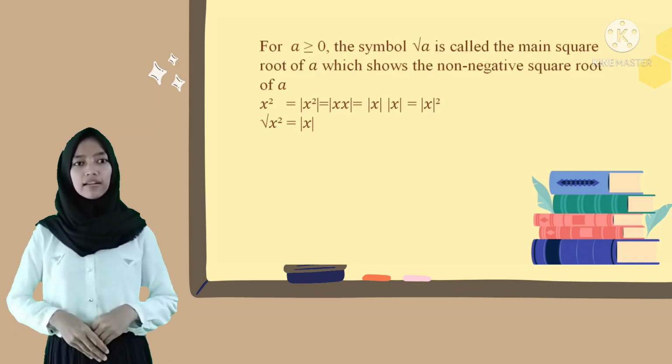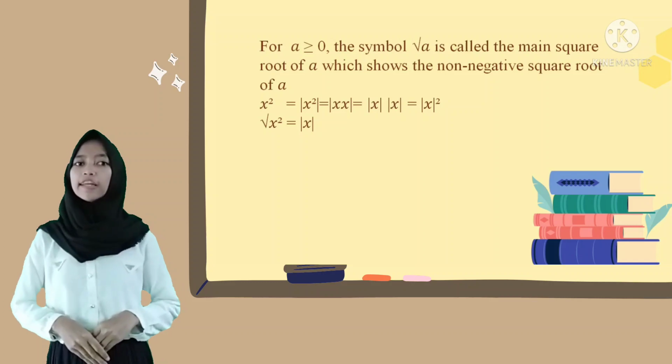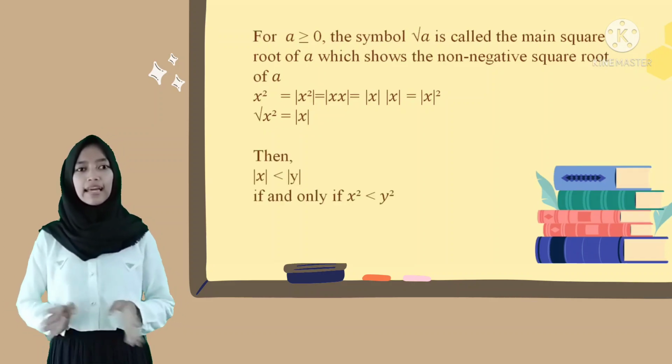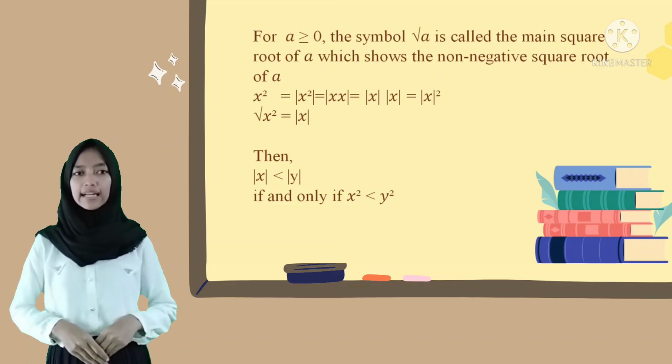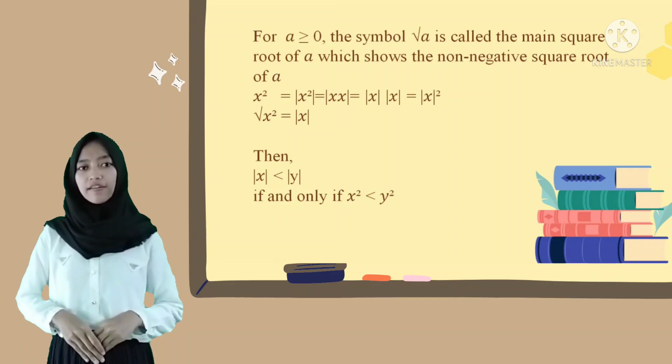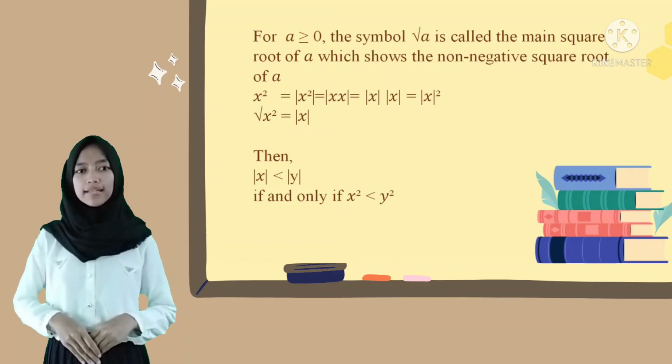So we get that the root of x squared equals the absolute value of x. Then, the absolute value of x is less than the absolute value of y if and only if x squared is less than y squared.